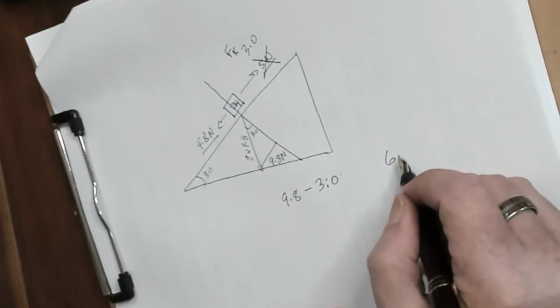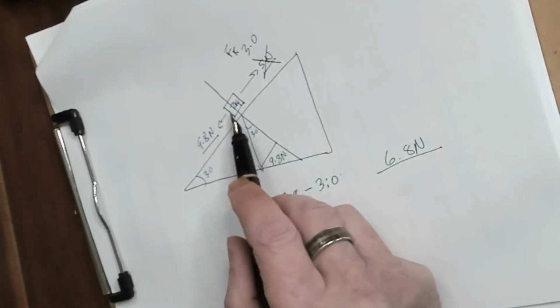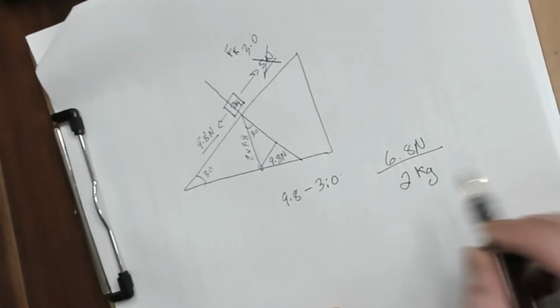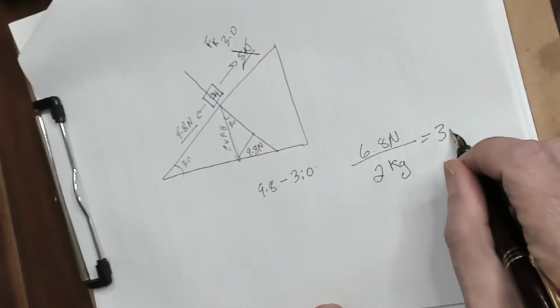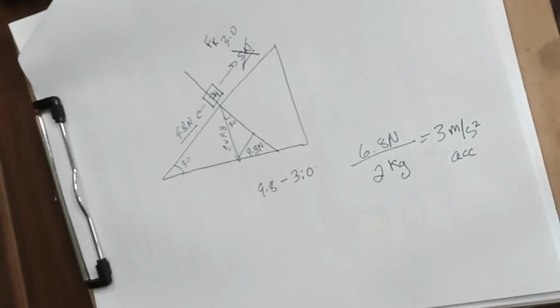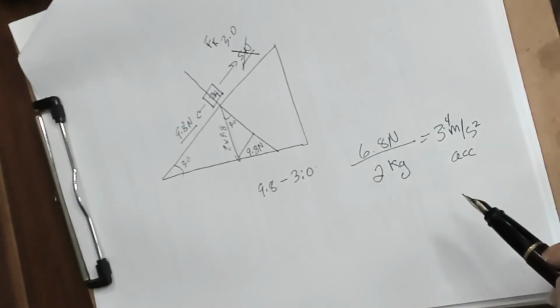So that's going to be 6.8 newtons divided by the mass of the object, which is 2 kilograms. And that's going to result in a 3 meter per second squared acceleration. Well, it's actually 3.4. Sorry about that. 3.4 meter per second squared acceleration, because we're dividing 6.8 by 2.